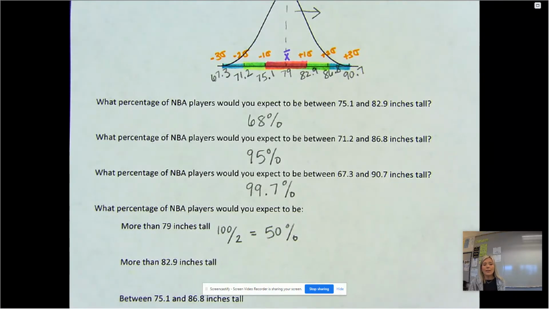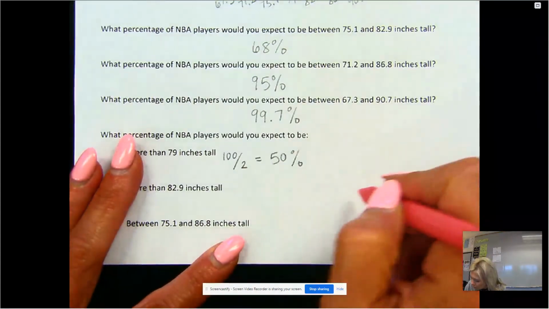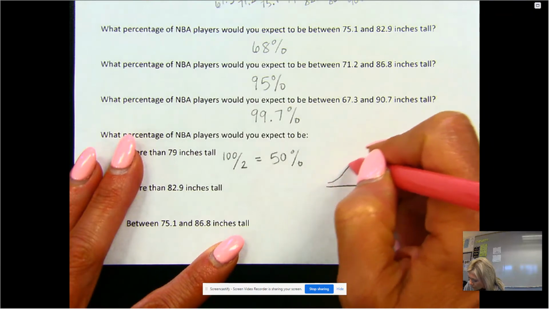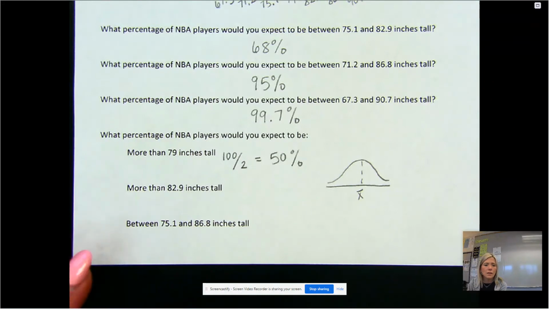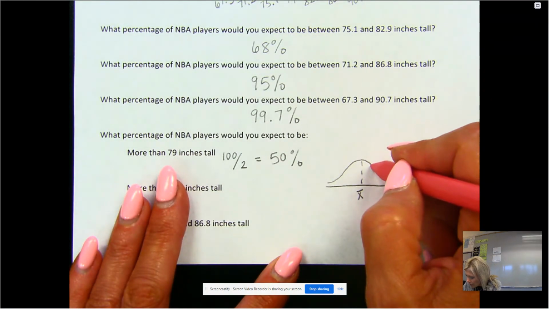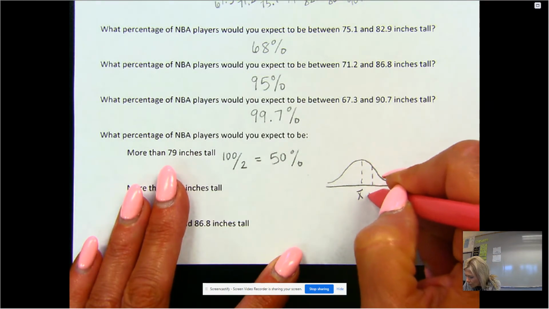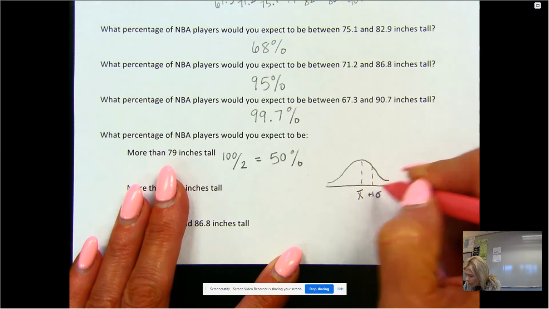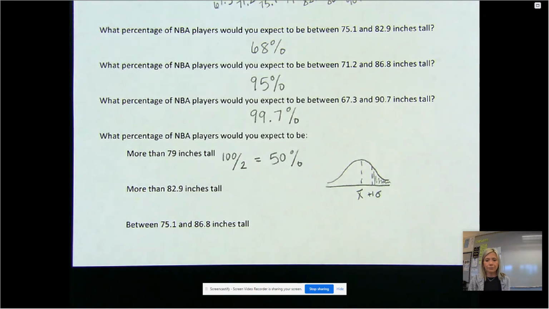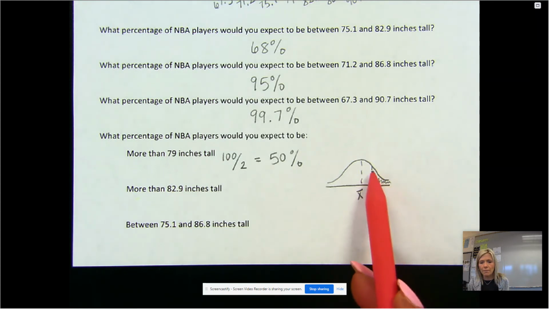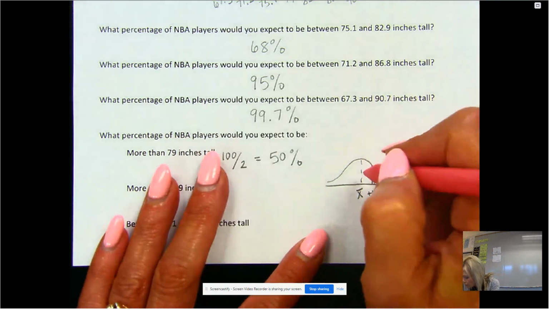What about taller than 82.9 inches? Well, I'm going to draw just another little curve here. Okay, so there's my mean. 82.9 is at +1 standard deviation. So I'm looking at what percent lies from there to the end. Okay, so if it was from here to the end, it's 50%, but I'm missing this space in the middle.